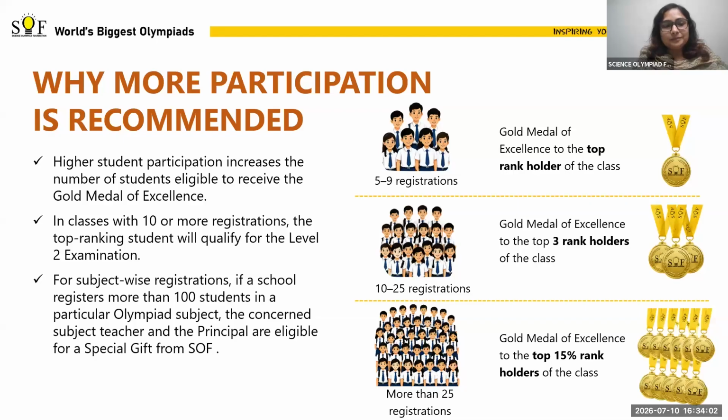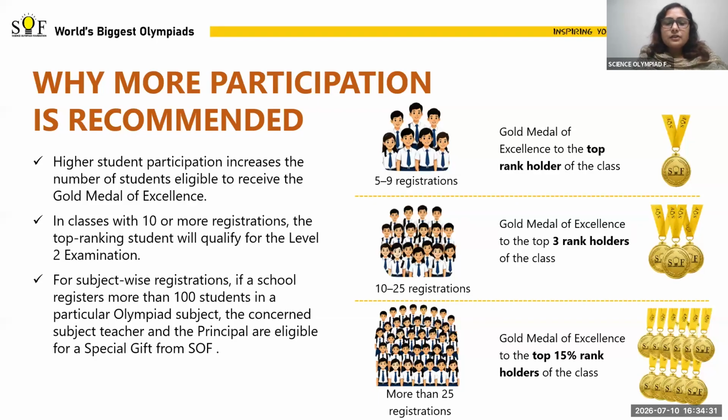As you see in the table on the screen, if a class has 5 to 9 registrations, the top rank holder receives the gold medal of excellence. With 10 to 25 registrations, the top 3 rank holders receive the gold medal of excellence. And if a class has more than 25 registrations, the top 15 rank holders receive the gold medal of excellence.